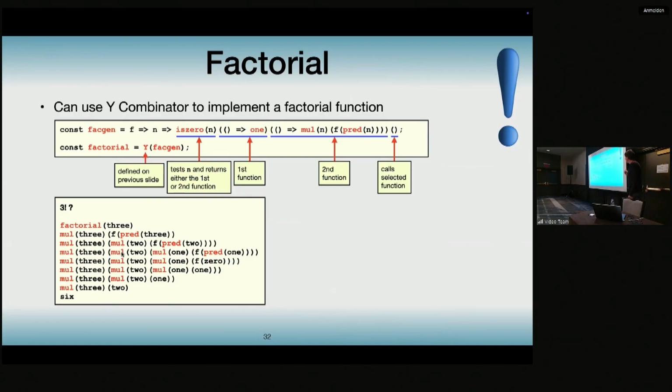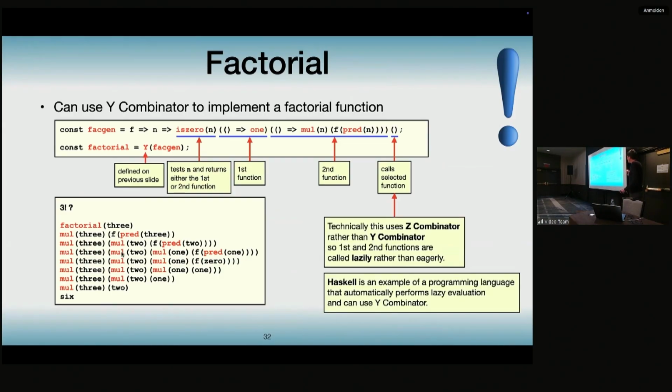So that y combinator is a magical thing. Technically, though, I sort of lied to you. This is not really the y combinator. It's the z combinator. What's the difference? Well, the difference is that the y combinator assumes that you're using a lazily evaluated language. There aren't very many of them, but Haskell is one example of that.